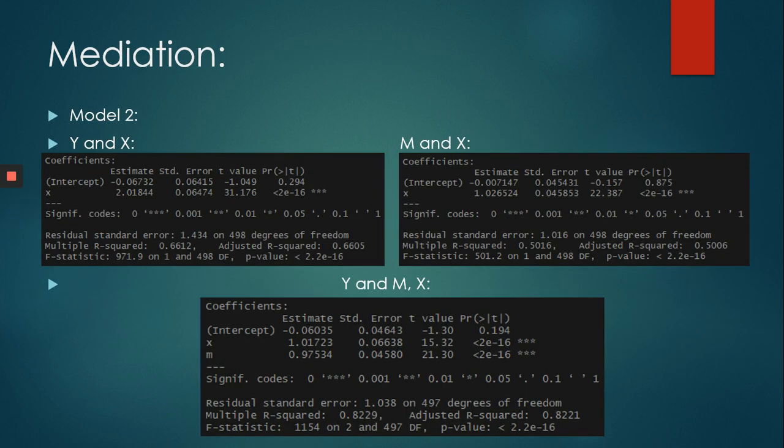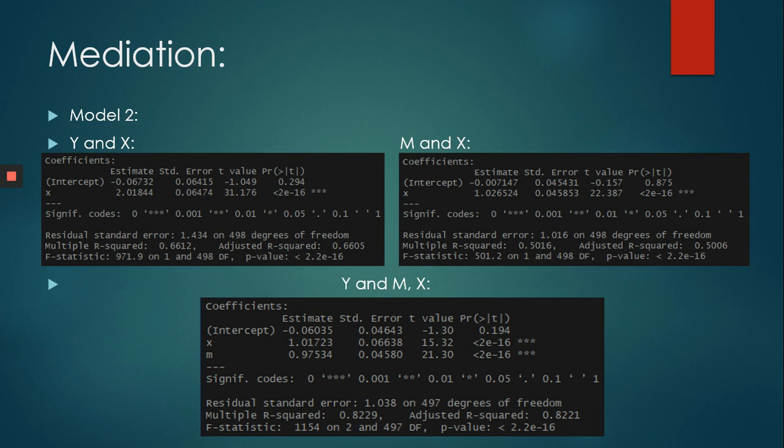So when we run a second model where we change the parameters around a little bit, our X now has an estimate of 2.01, and it is significant with Y. Our X is also significant with M, just like last time, so we have a significant A and a significant C. However, with this model, if we look on this bottom chart here, we see that we have a significant C prime and a significant A and B path.